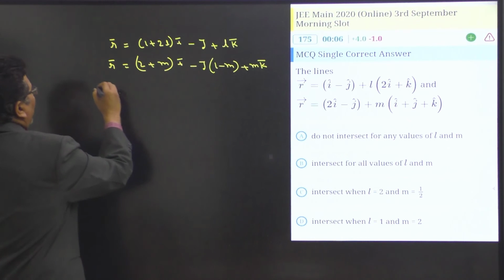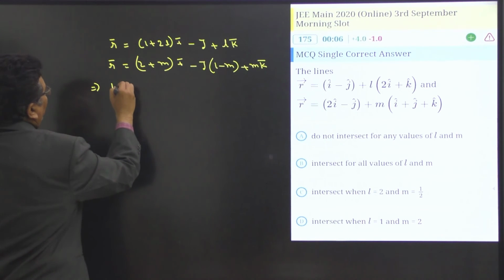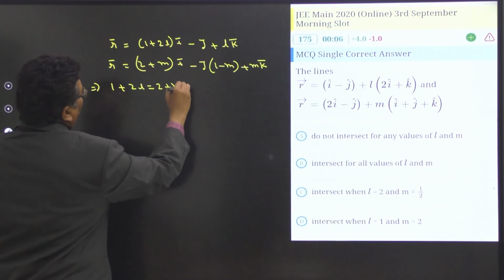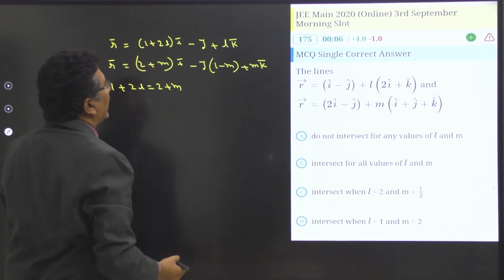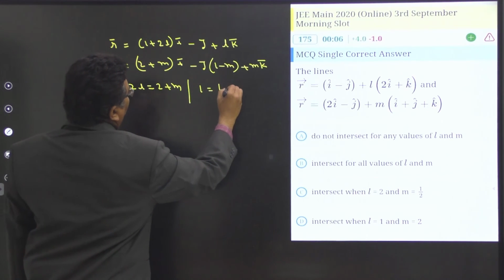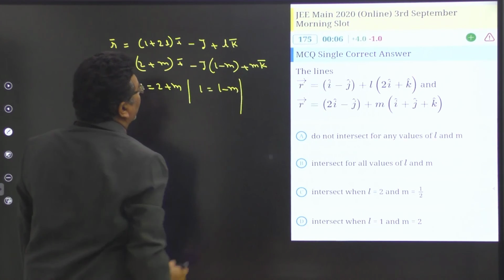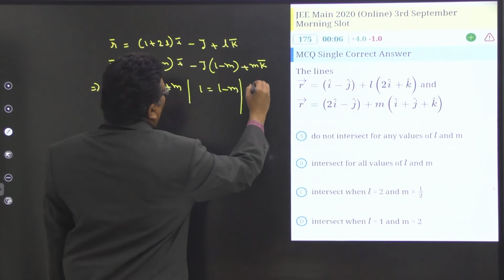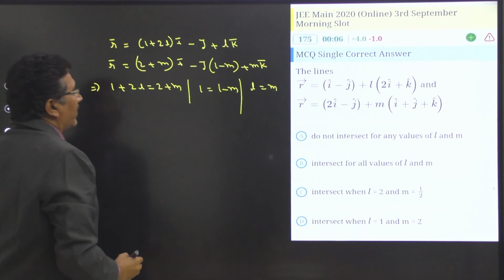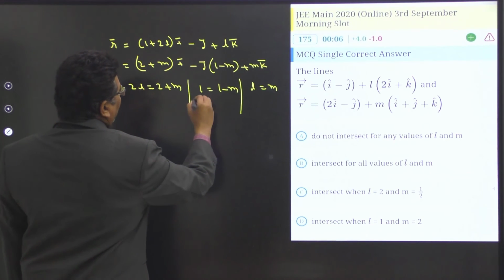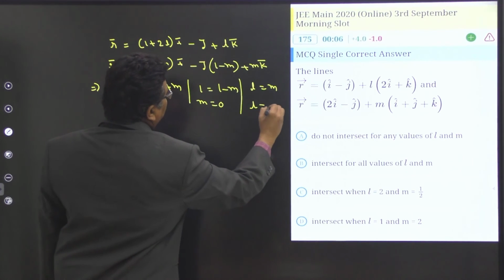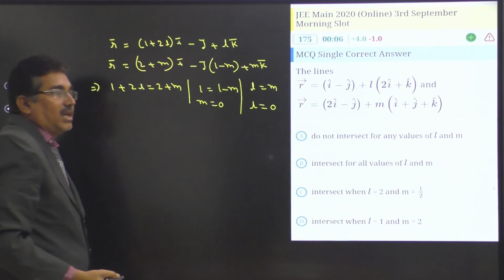That implies 1 plus 2L is equal to 2 plus M. Now equating the coefficient of J bar, 1 is equal to 1 minus M. Now equating the coefficient of K bar, L is equal to M. From this, M is equal to 0, and L is also equal to 0.